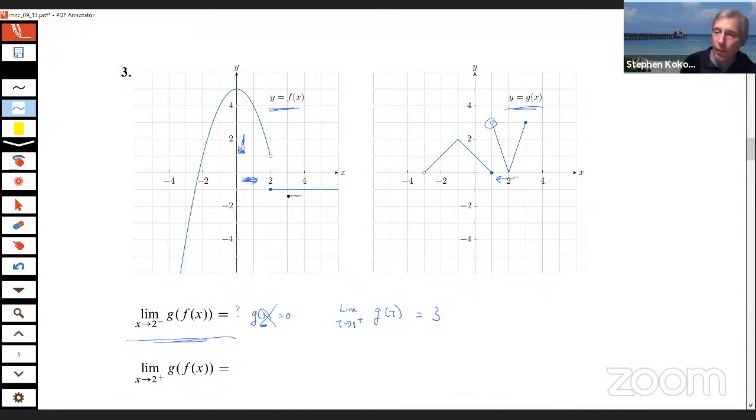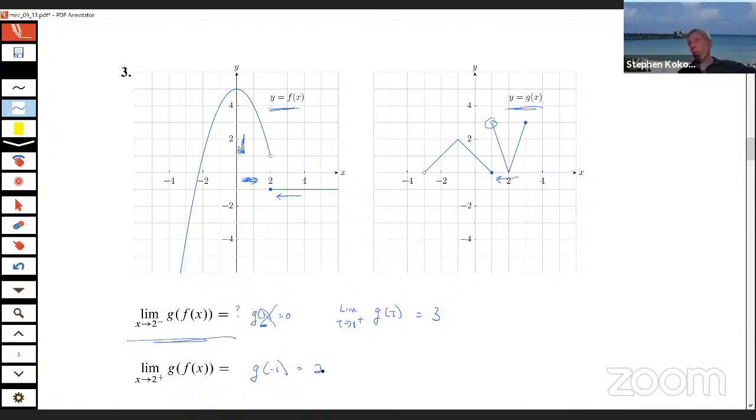Well, let's see. As x approaches 2 from the right-hand side, what's f doing this time? Well, it's constant at -1, isn't it? And so now the question is, can I just plug in -1 here and look over here at the graph of g and get a 2?